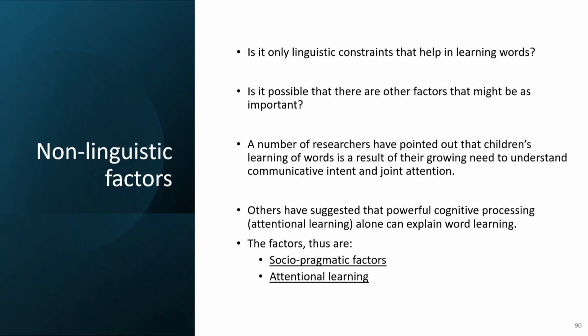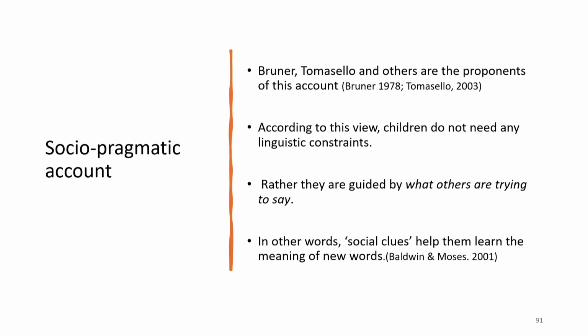So, they will automatically grow up learning about the beliefs and intentions of the other members in the conversation. What if that also shapes the way language learning happens? That is the idea. So, these are the two powerful theories that have been proposed, socio-pragmatic factor and attentional learning, as we have just seen.